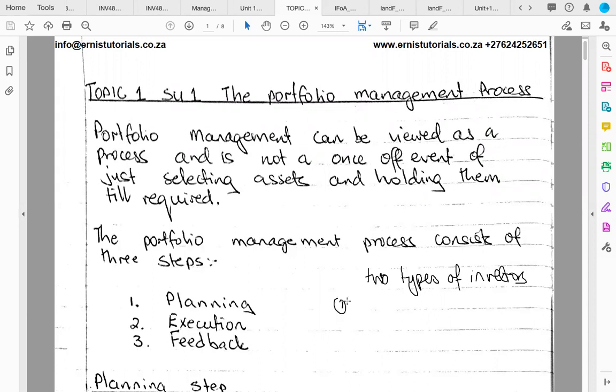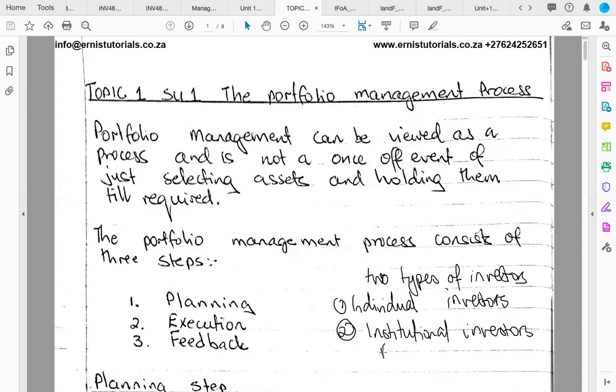We have what we call individual investors. An individual investor would be someone like you if you are looking to invest in shares or bonds or other assets. And then we also have what we call institutional investors. Institutional investors would be maybe pension funds, life insurance companies, general insurance companies, banks.